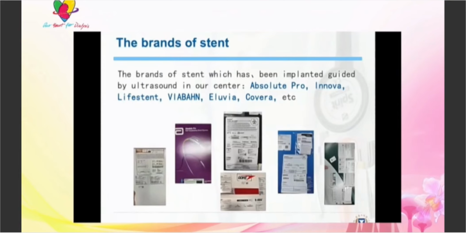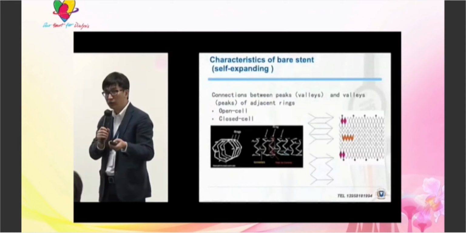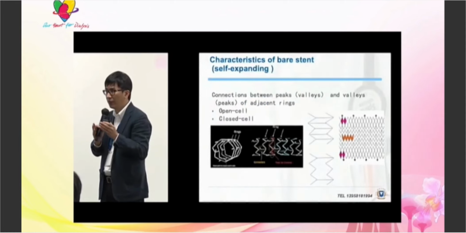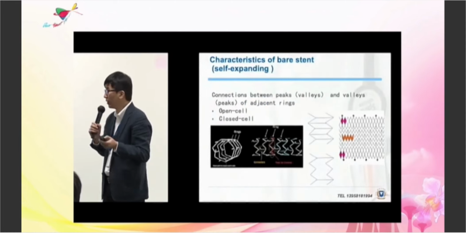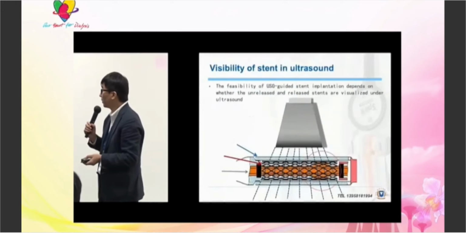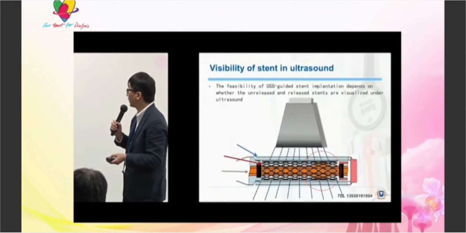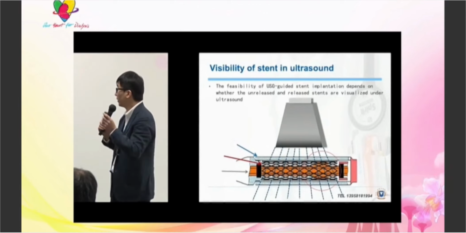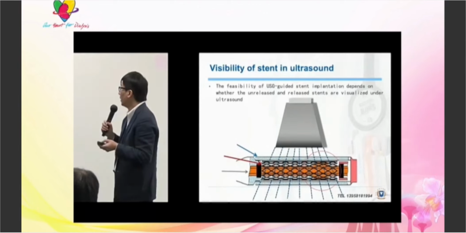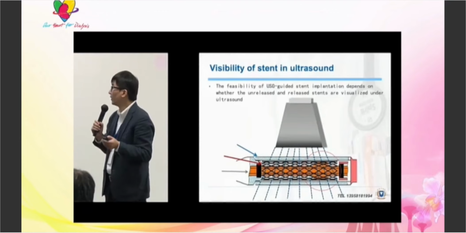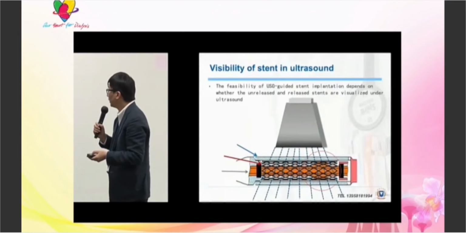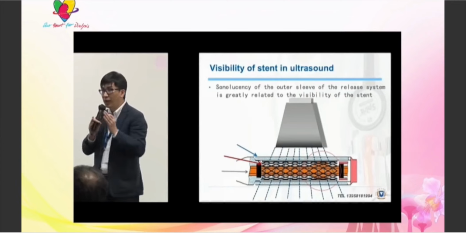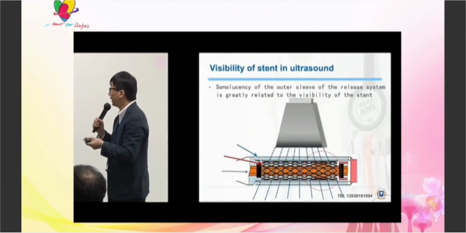The stent, as we all know, contains meshes. So the feasibility of ultrasound guided stent implantation depends on whether the unreleased or the released stent can be realized under the ultrasound. And the unreleased stent is covered by some sleeves.